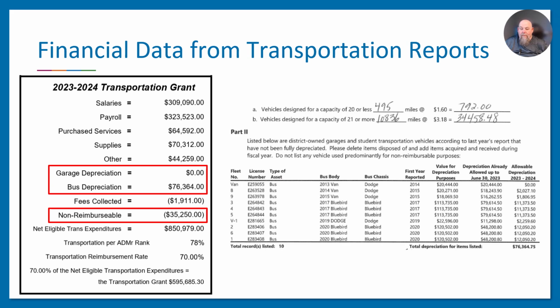So we just take those numbers and we add them up and we put them right there in the non-reimbursable miles section. The depreciation comes from your depreciation schedule, and so if you have bus depreciation and garage depreciation, it will get split up, and you'll see both of those on that schedule.